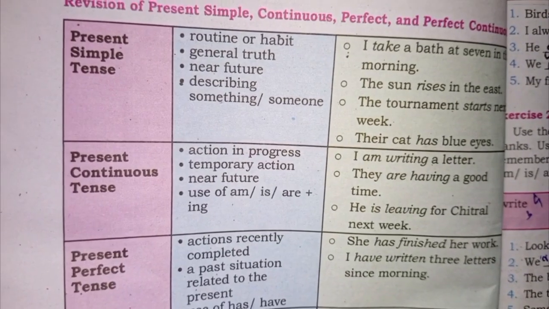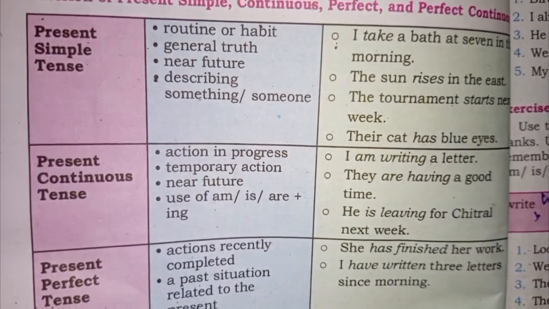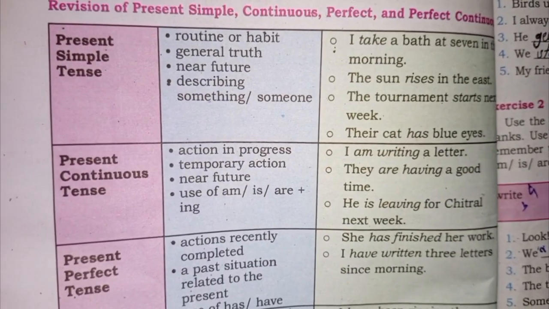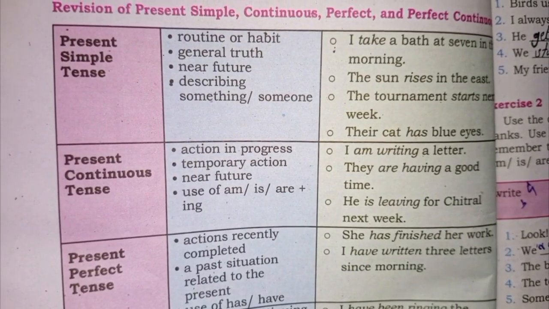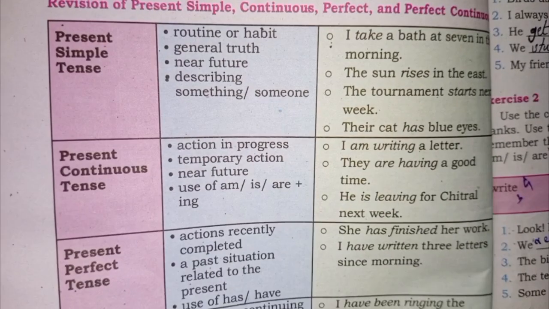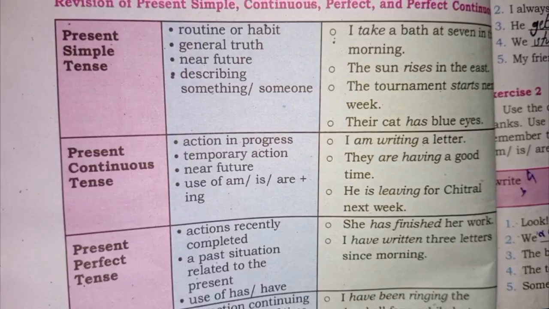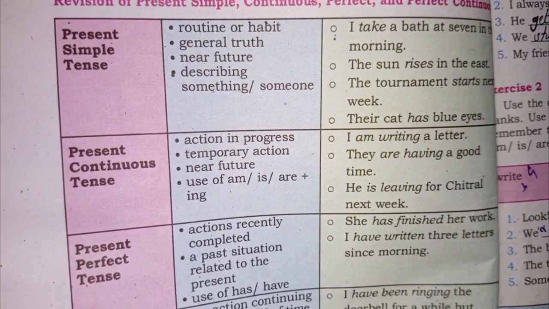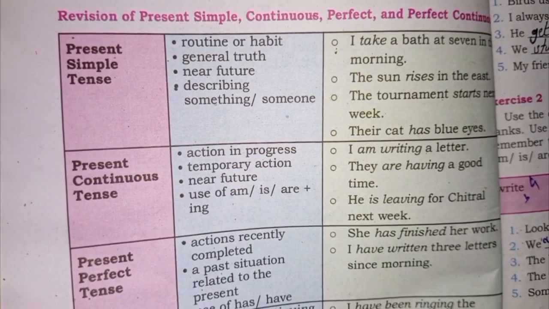It also shows a temporary action that is continuing just now, maybe ended after some time, and it also tells about the near future. Okay, I'm going to do that work, I'm going to take part, I'm going to be a doctor. Yes, the action is still not complete, but the future situation is shown.